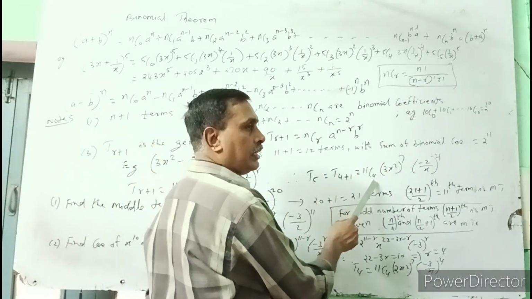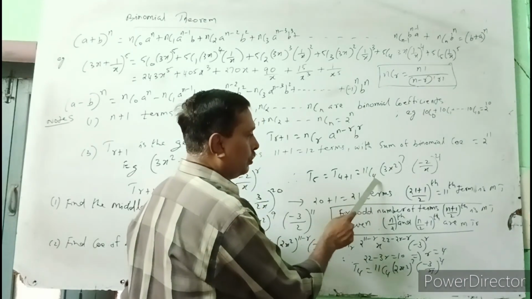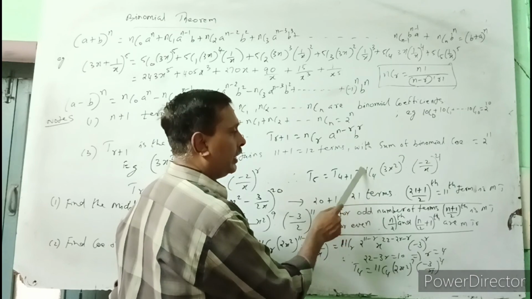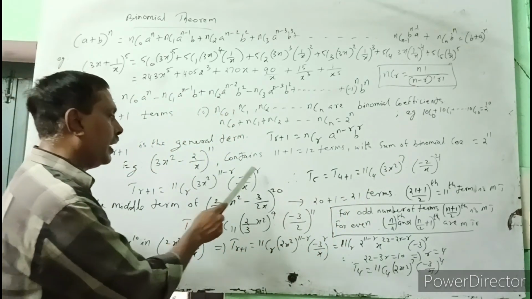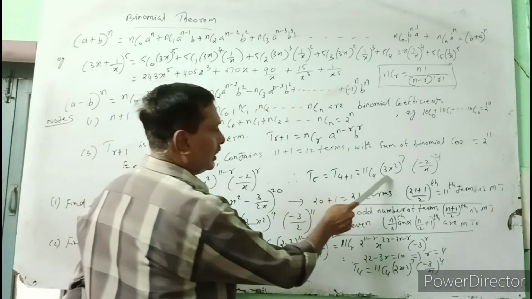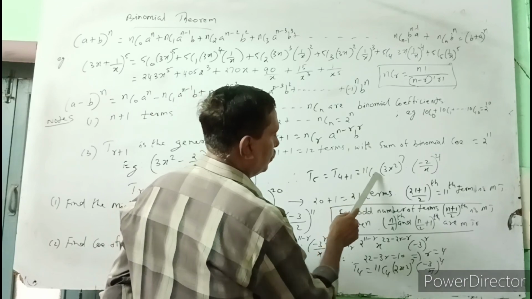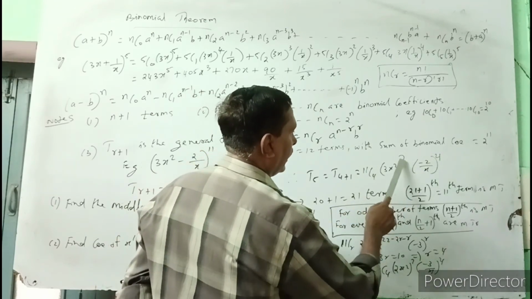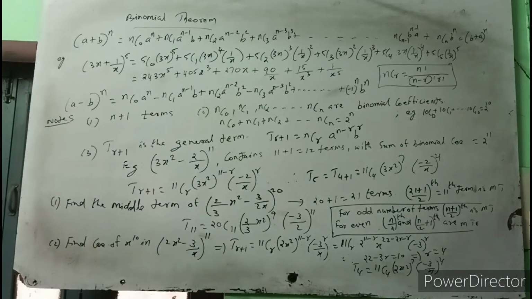So it is 11C4, into the first term raised to the difference between 11 and 4, that is 11 minus 4, that is 7, into the second term, minus 2 upon x, the whole raised to this suffix 4. Here the first term is raised to the difference between these two, and the second term is raised to this suffix. When you add this 7 and 4, always this 11, that is n, will come.